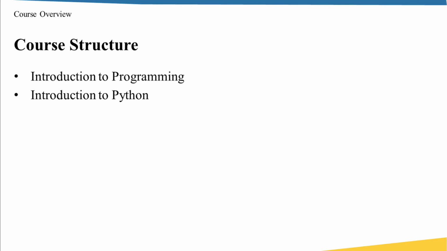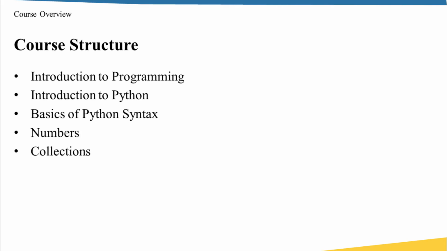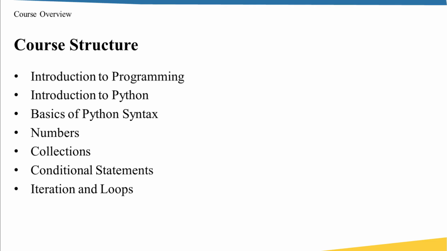Also, you will learn how to run your first program in Python. Next, basics of Python syntax will be covered. After that, I will start to talk about data structures in Python. Therefore, we will learn about numbers and collections. Once we understand all of these concepts, we will start to talk about flow control. Therefore, we will learn about conditional statements and iterations and loops.